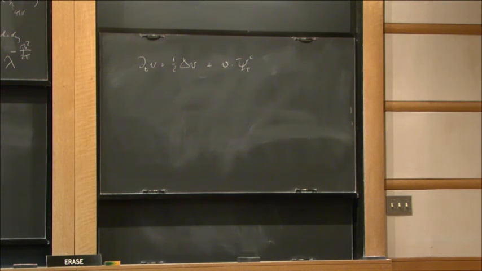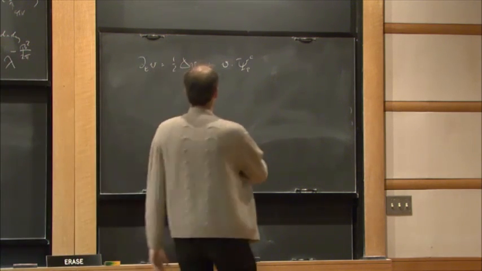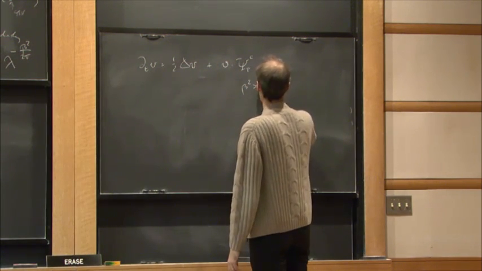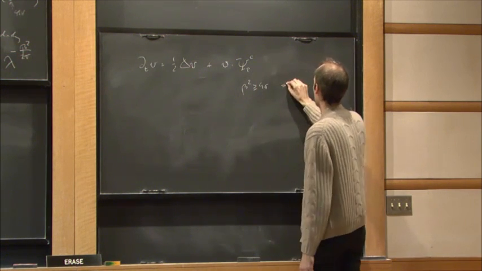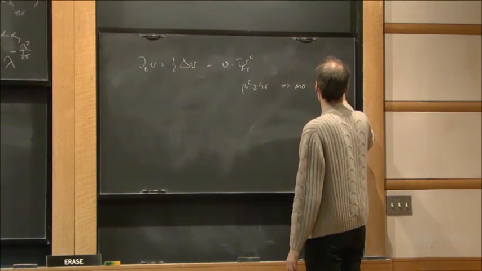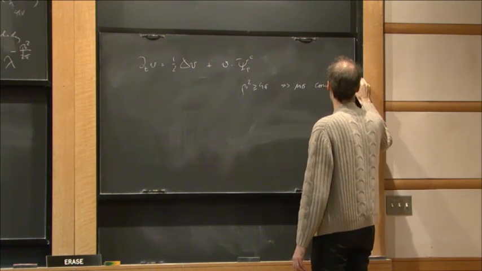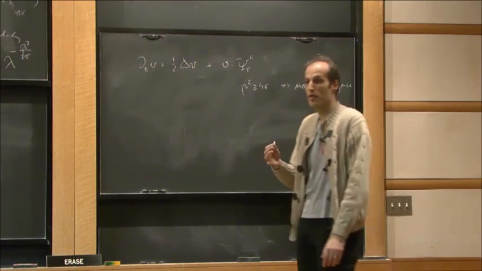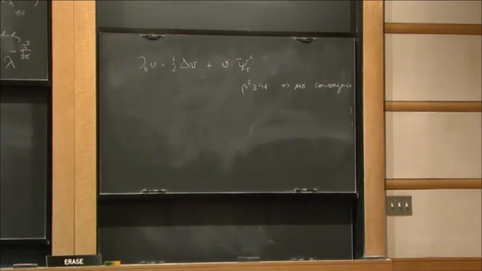But if beta square is bigger than or equal to 4 pi, this one does not converge to a limit. You have no convergence. But I was claiming that these do converge, all the way up to 16 pi over 3.